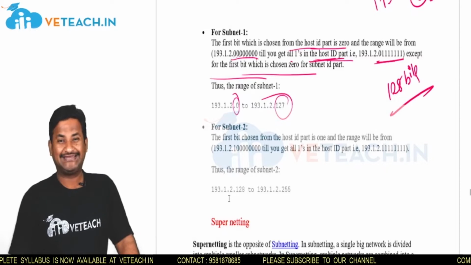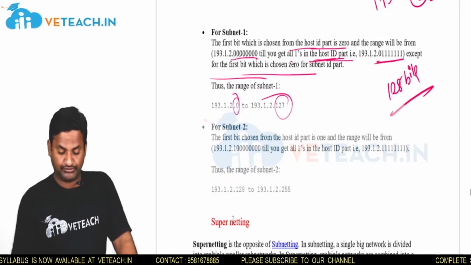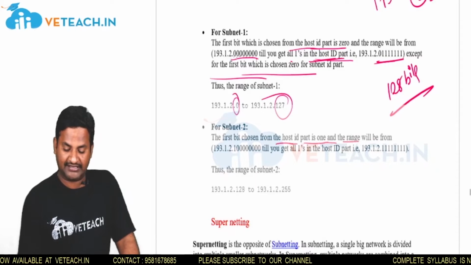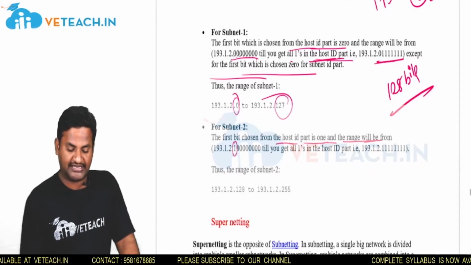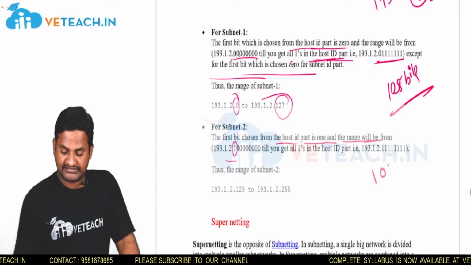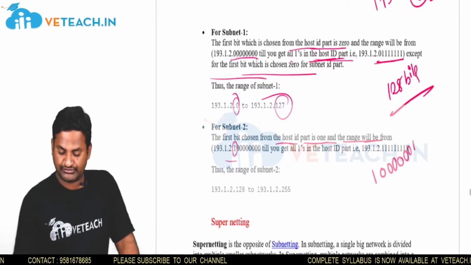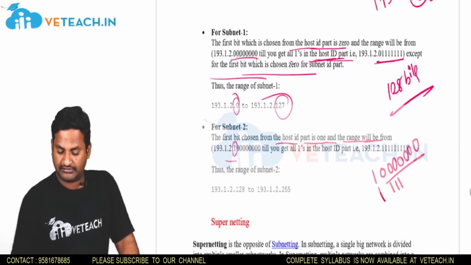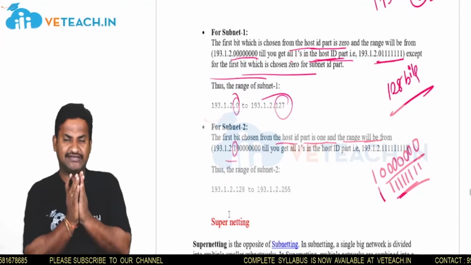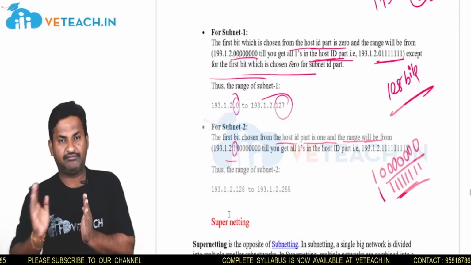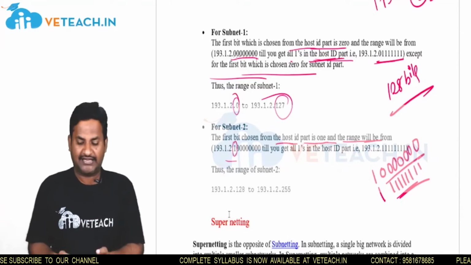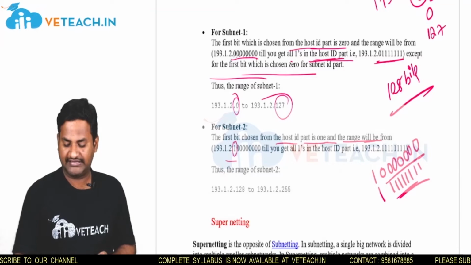Coming to subnet 2, the same thing. The first bit of the host ID part is 1, and the remaining seven bits go from 0000000 to 1111111, that is 0 to 127.